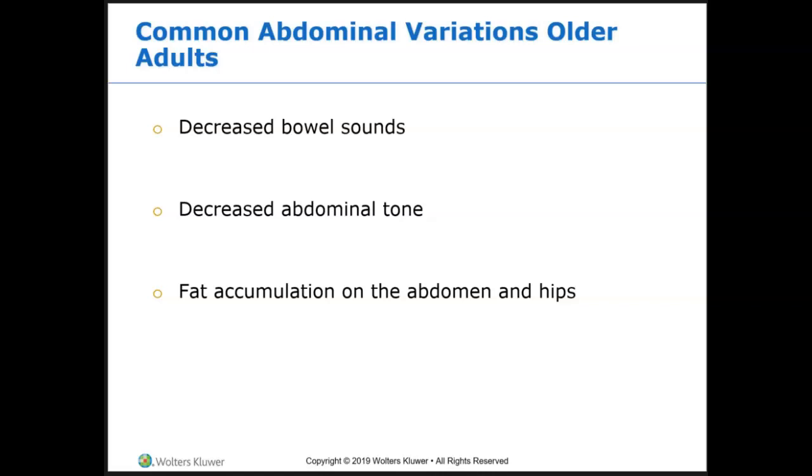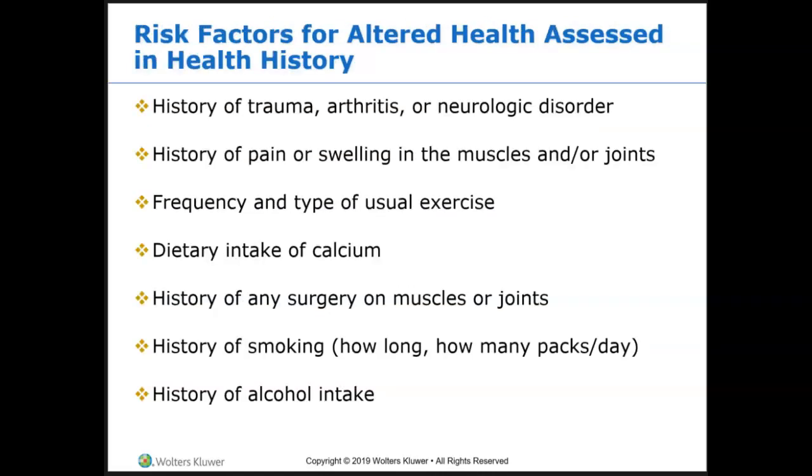And then when they begin to get constipated, we want to use laxatives and/or enemas as necessary to keep the bowels moving, right? But as we discussed in class, they can't be taking laxatives and enemas daily, right? It's not good. Bowel sounds may be decreased along with a decrease in the abdominal tone, as well as fat accumulation in the abdomen, as well as the hips.